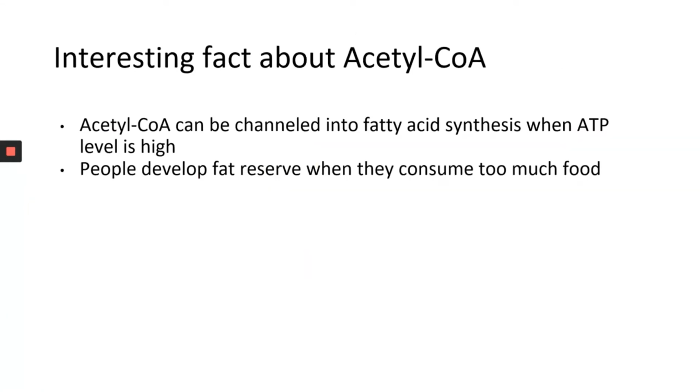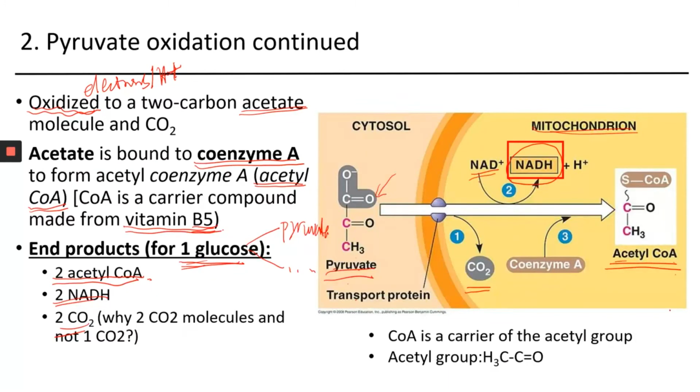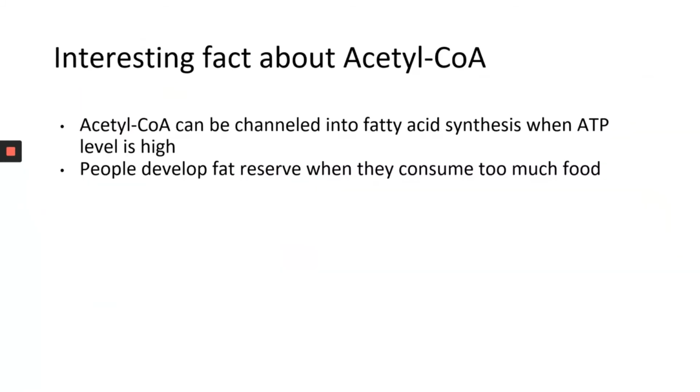Another interesting fact about acetyl-CoA. Normally it would go down to the next step of cellular respiration, which is citric acid, to be oxidized more to release energy. But if your body has a lot of ATP, the level is really high, which means your body doesn't need more ATP as the immediate battery or fuel source.